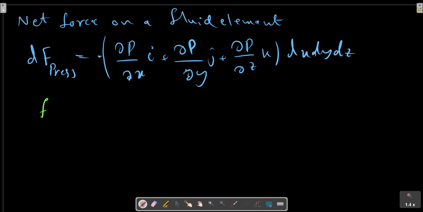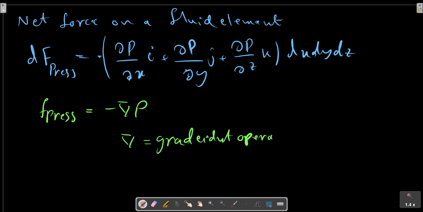So f equals minus the gradient of P in vector form, where the gradient operator is as defined.